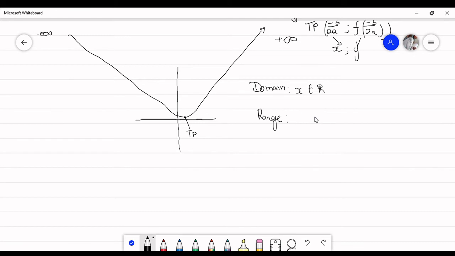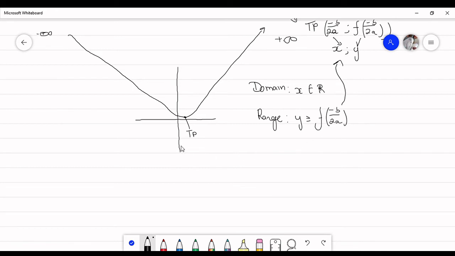So therefore, the range of y will be y is equal to or greater than f at negative b over 2a. We said this is the y coordinate of our turning point.